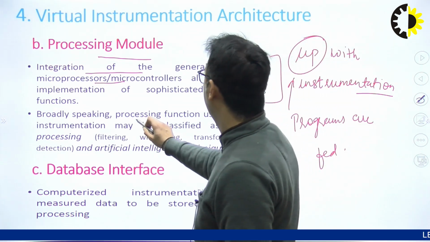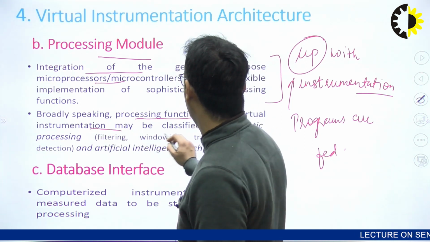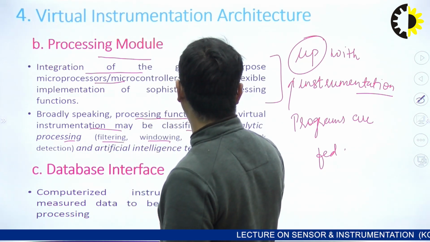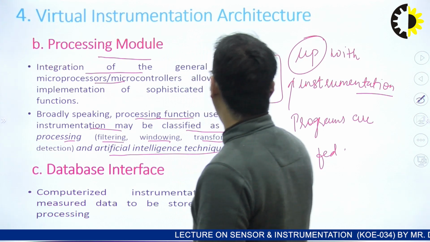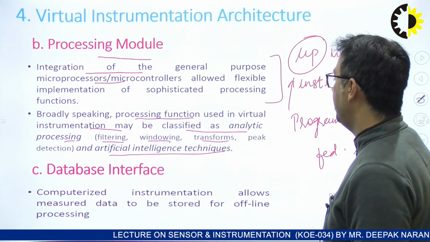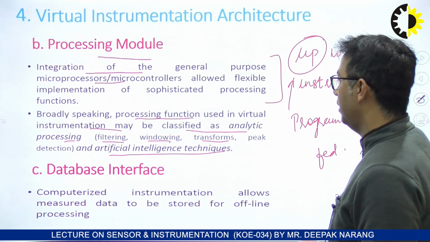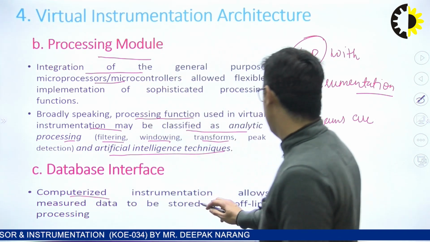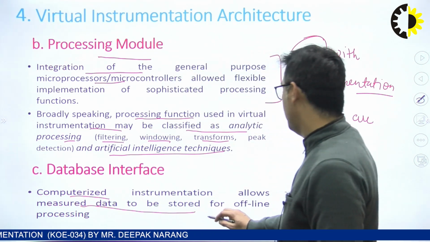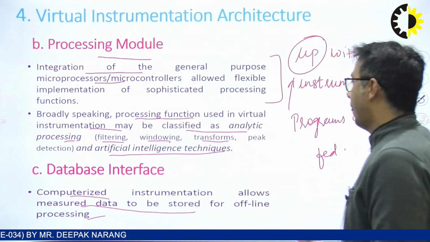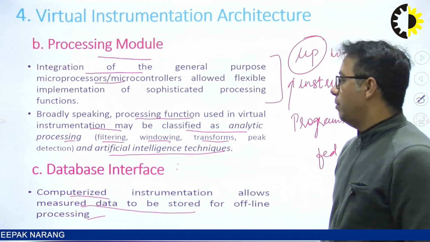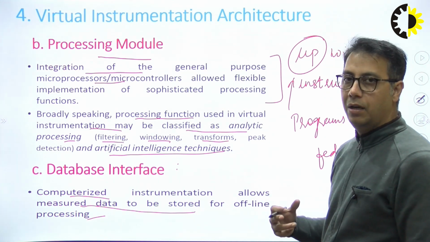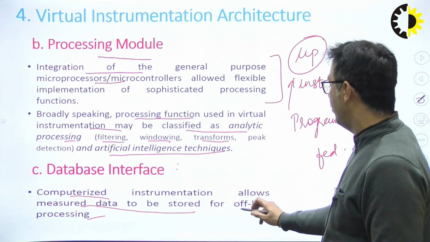Broadly speaking, processing functions used in virtual instrumentation may be classified as analytic processing, like filtering, windowing, transforms, peak detection. The second category may be AI based techniques, artificial intelligence techniques. And for this we require some database interface, that is computerized instrumentation that allows measured data to be stored for offline processing. Sometimes we require this database interface for future reference or for analyzing the process in offline mode.